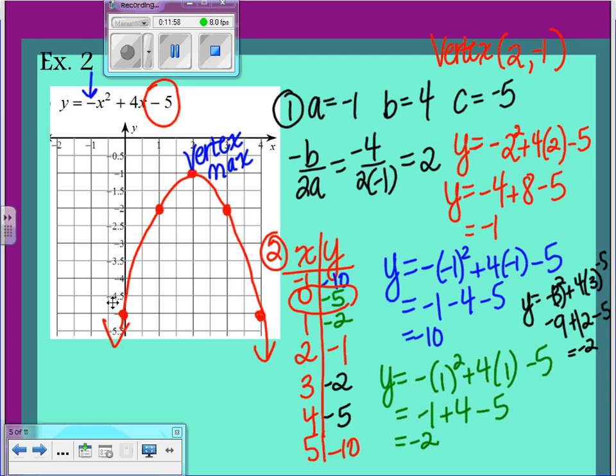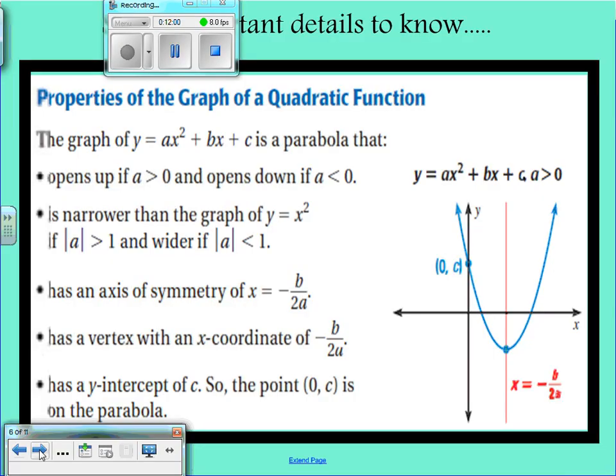All right, next up is a couple things about it. So I've been kind of mentioning these throughout the video. But again, just so you know, you might want to write all these down. The graph that you see, if you look at the A value, if it's greater than 0, then the graph will open up. If it's less than 0, meaning it's a negative number, it will be opening down.